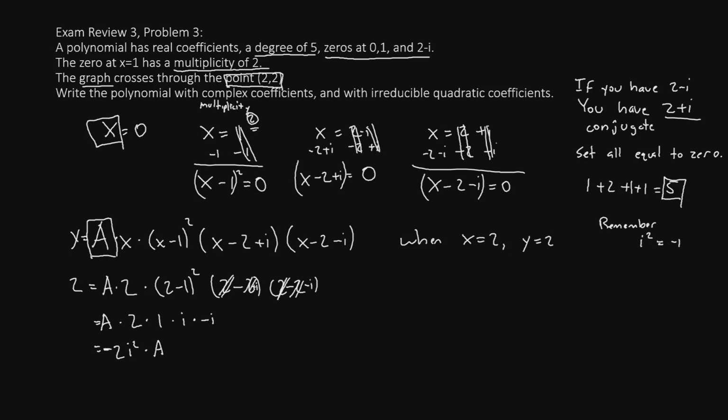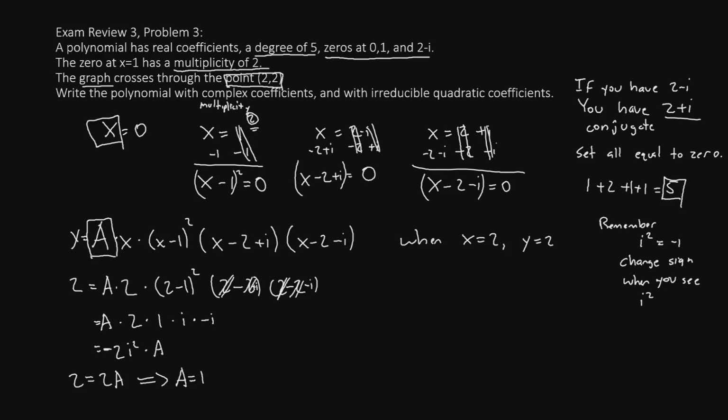And all that means is you just change the sign when you see i squared. So this i squared changes to negative 1, which means we change the sign of all this, and we'll have 2 is equal to positive 2a. Therefore, a equals 1.